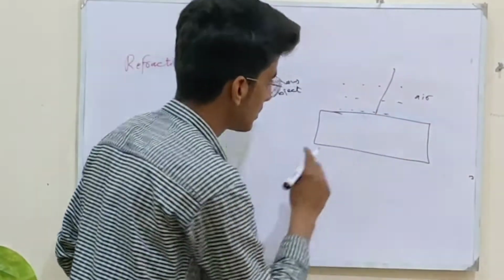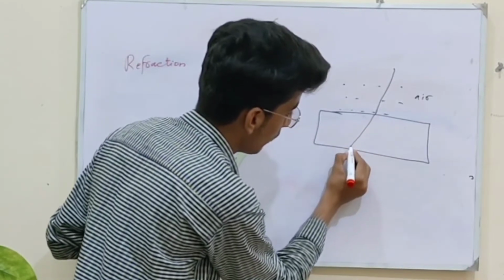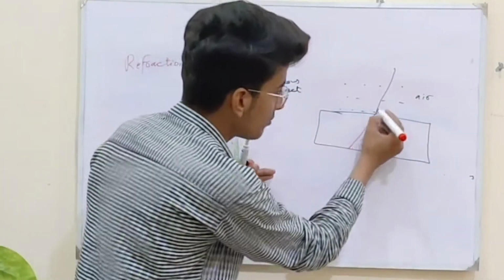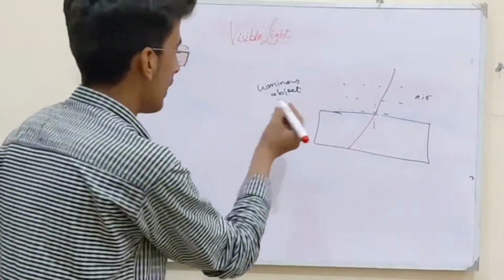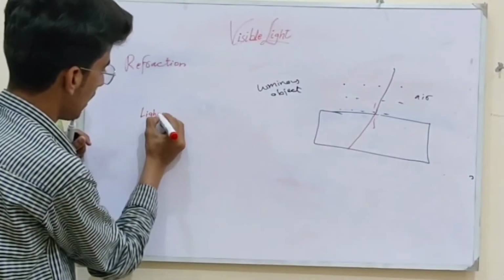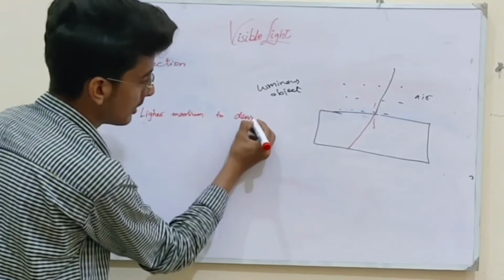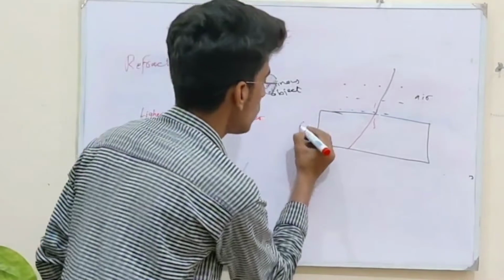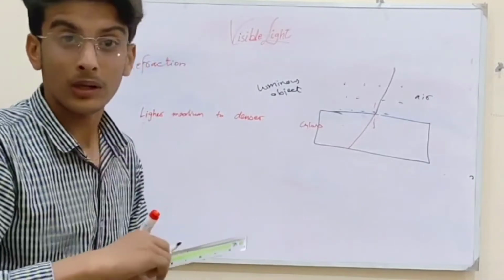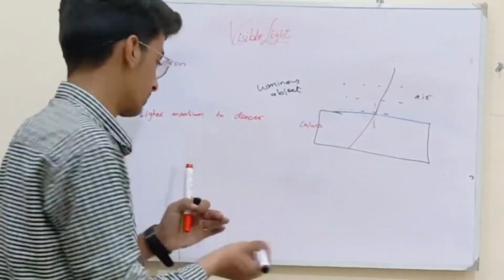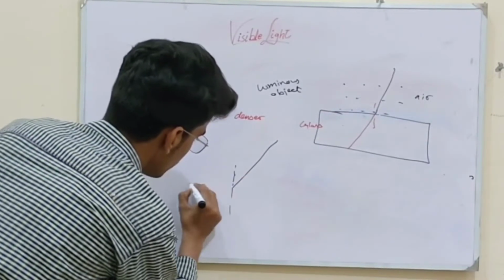When the medium changes, the ray changes its way. When it goes from a lighter medium to a denser medium, meaning from air to glass, it would refract towards the normal. For example, this is the ray, this is the normal, this is the surface.